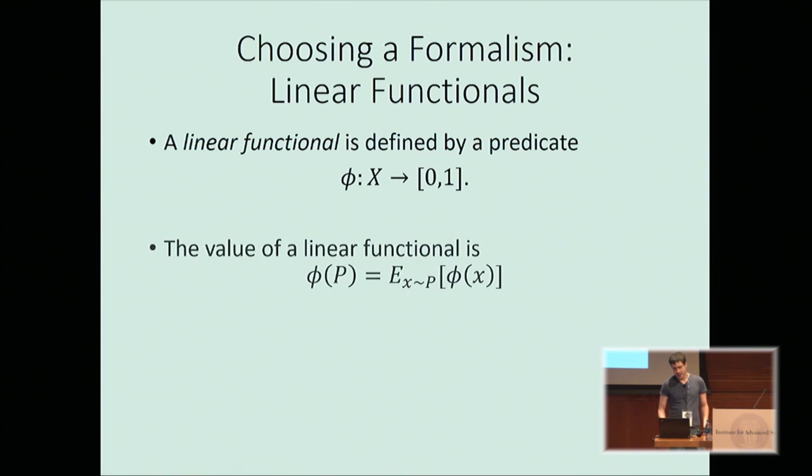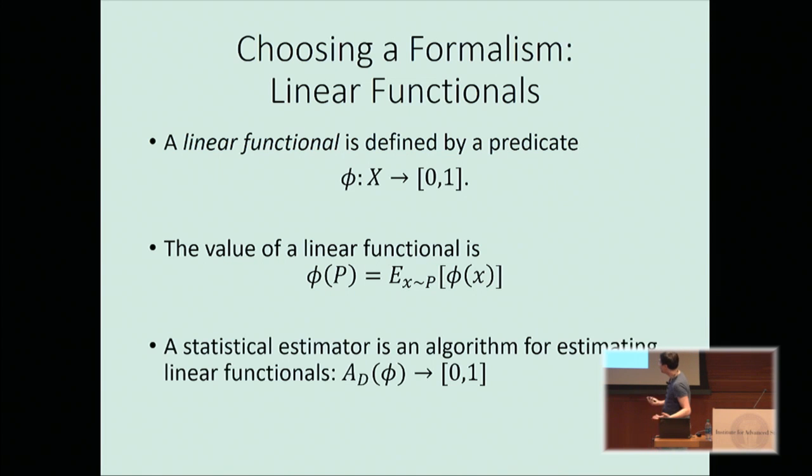When I say that what I want to do is learn the value of a linear functional, what I mean is the value of the query on the underlying distribution. This is the thing I want to learn. It's just the expected value of this predicate when I draw an element of the data universe from the distribution P. That's the true value for the query.